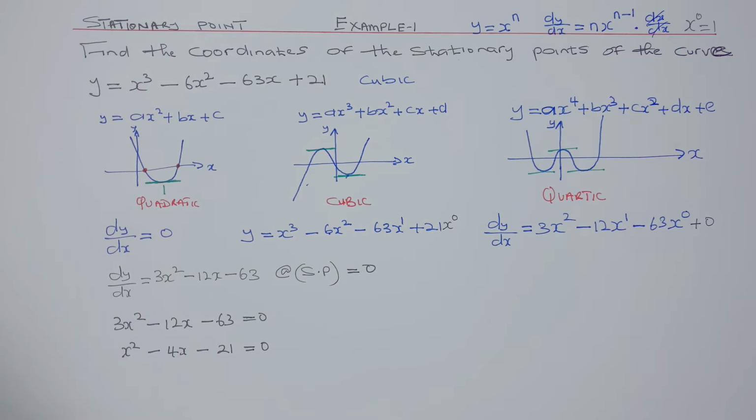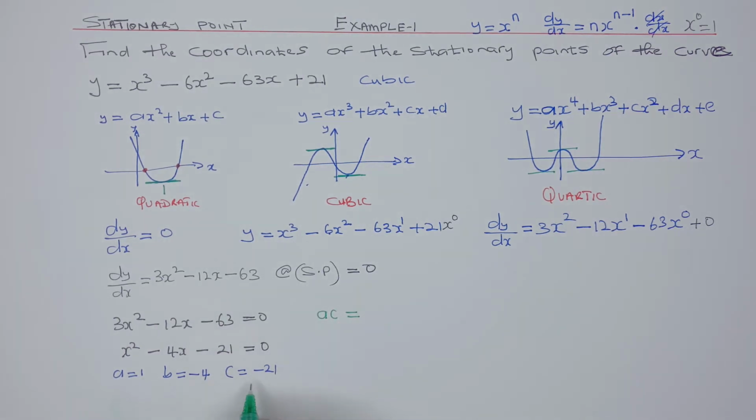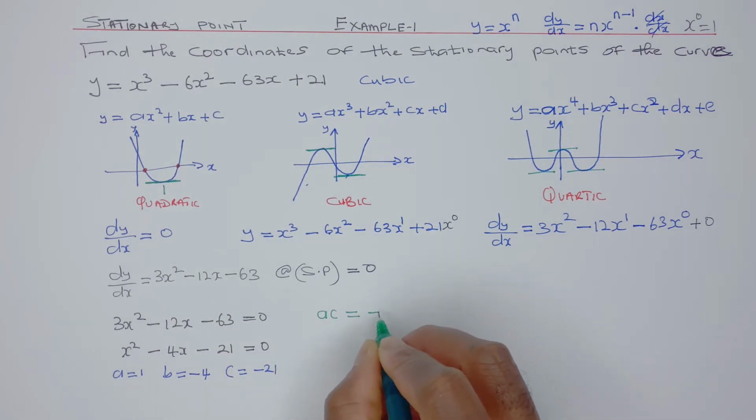In this case, a equals 1. There's 1 here. b equals minus 4. And c equals minus 21. I need to find ac. 1 times minus 21 is minus 21.